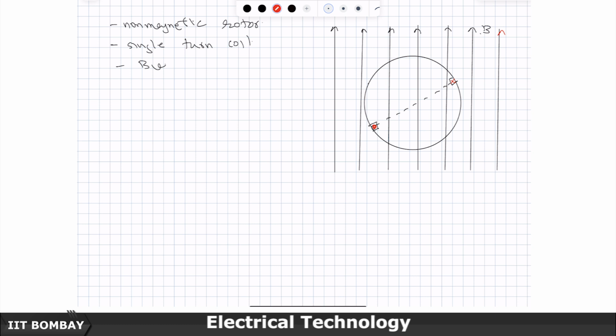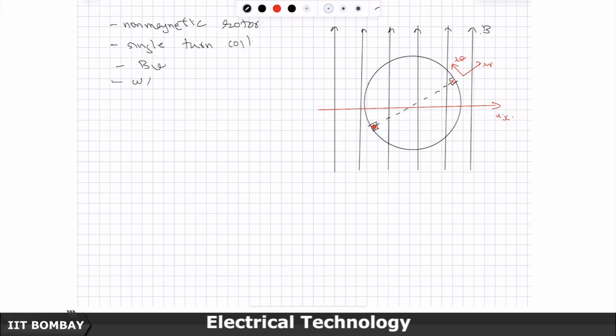This axis here is my x axis, and this is the direction of the radius, the r direction, and the tangent to it is my theta direction. Now, this is my wire carrying current I.